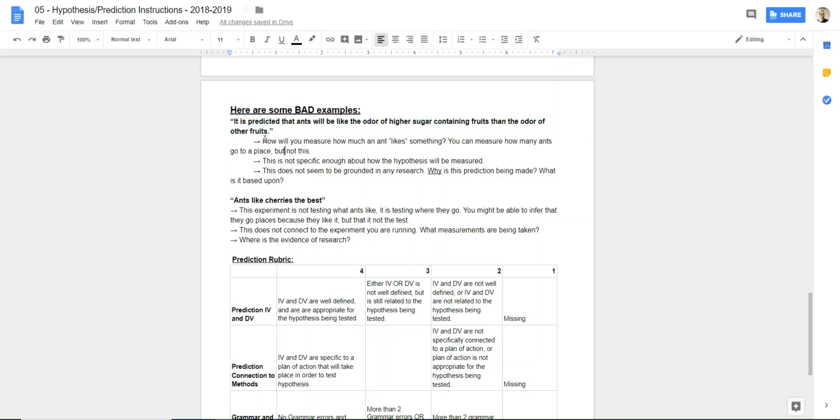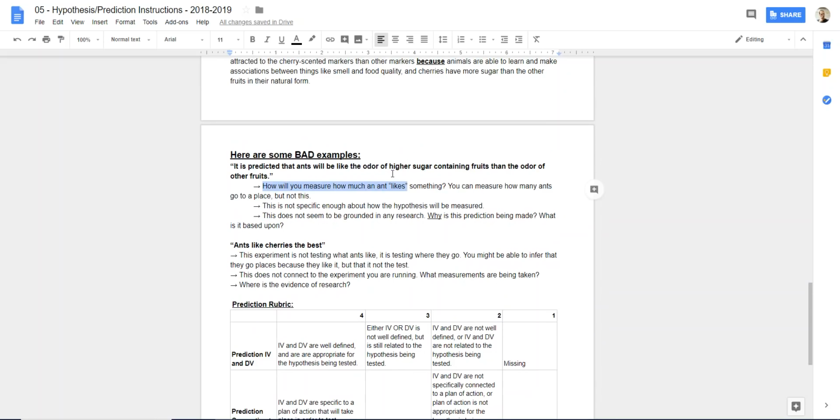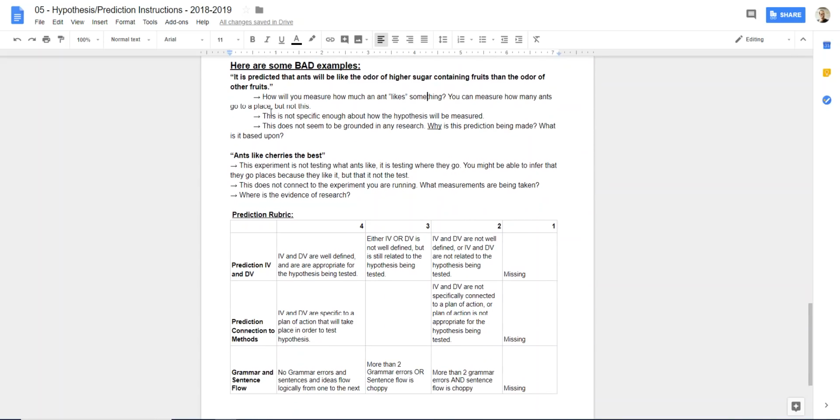So how are they going to measure if they like something? In the previous examples, we're saying the number of ants are going to be attracted. That's something we can measure. How much an ant likes something is not something that can be measured. It's also not so good because it's not very specific. They're not showing me how they're going to measure again. And this doesn't show me anything about their research. So there's no because statement at all.